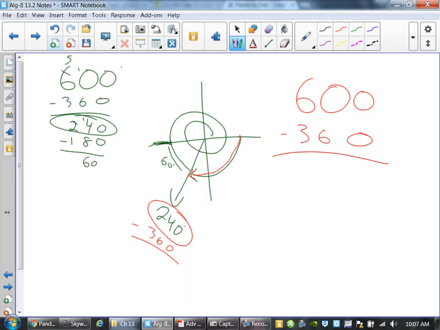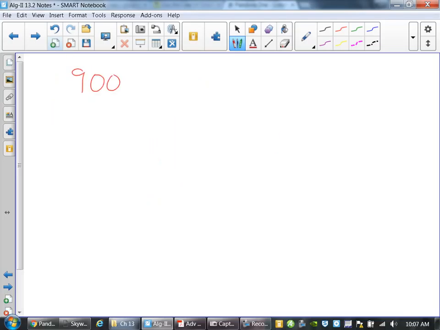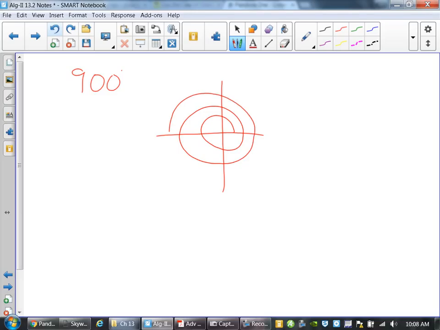So if I start at 900 degrees, I take 900 minus 360 minus 360, and I'm at 180. I know if I subtract 360 again, I'll be negative. Oops, I went too far. Yeah, 720, and it's going to wind up here.